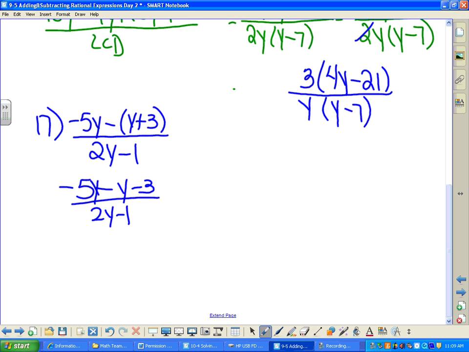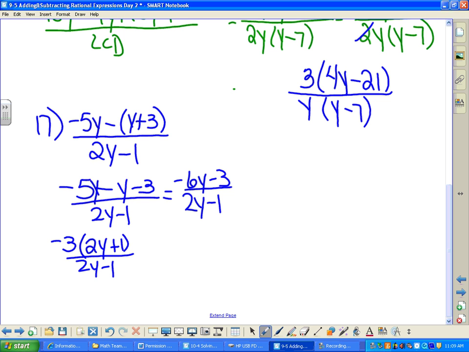No, that's right. So negative 5y minus y is negative 6y minus 3 over 2y minus 1. And then if you factor out the negative 3, you end up with a positive 2y and a positive 1. Okay? Be careful of negative signs.